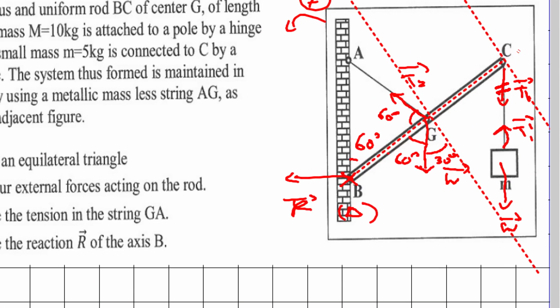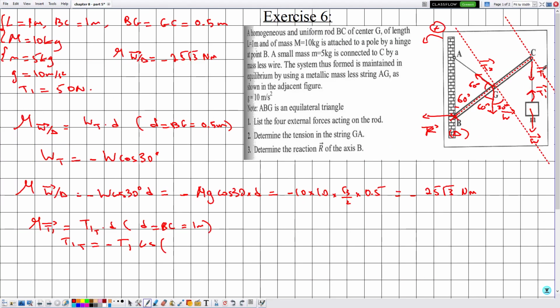So this line is parallel to this line, and they have this line in common. So as corresponding angles, this is 60 degrees. Then this angle here is 30 degrees. So cosine 30.